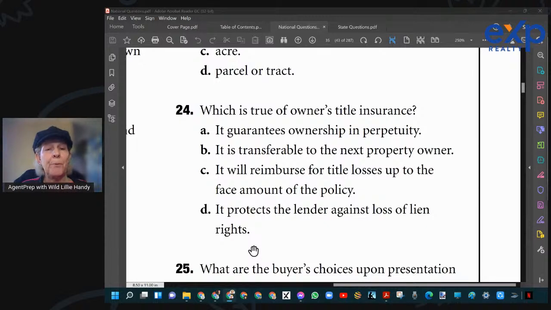C, it will reimburse for title losses up to the face amount of the policy. D, it protects the lender against loss of rights. So owner's title insurance. Is owner dealing with a lender? No. They may or may not have a loan, right? But owner's title insurance. So it is insurance. What does insurance do?